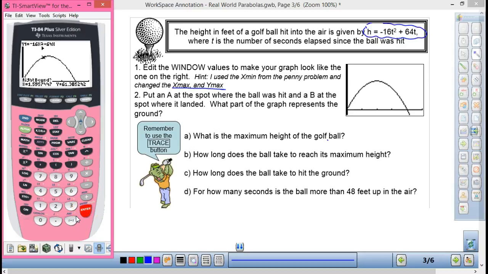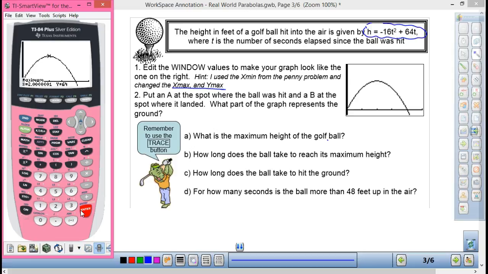Now what is it asking for? The right bound. So I move my cursor to the right side of it and hit enter. Then what is it asking for? Now I move my cursor as close to my vertex as I can get it, and hit enter again.